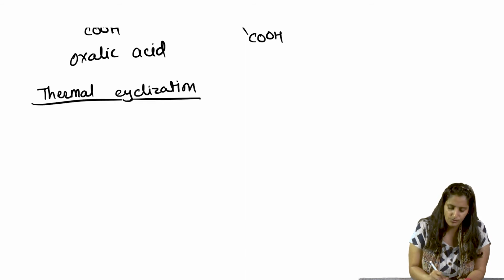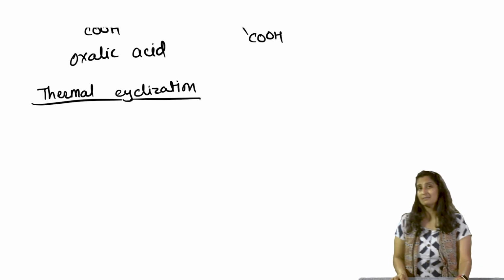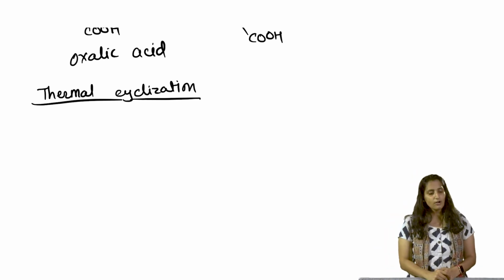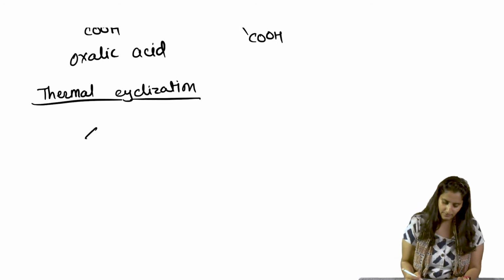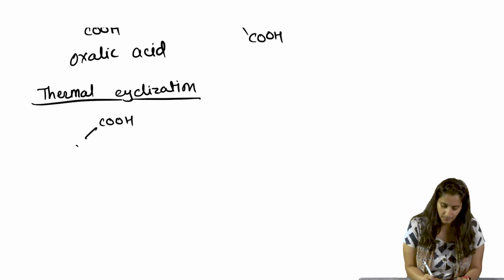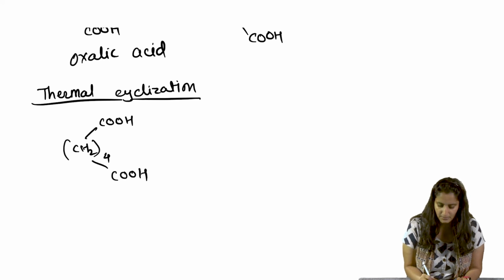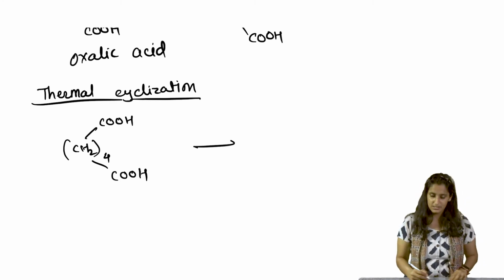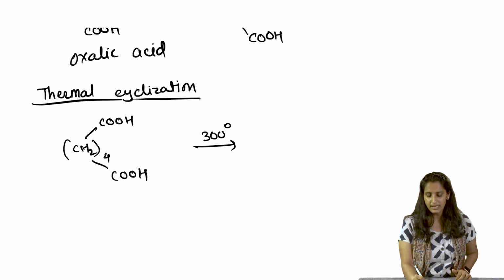Now, this is true for when we can make either a 5-membered ring or a 6-membered ring. In order to make a 5-membered ring, we are going to start from a 6 carbon dicarboxylic acid. There are a total of 6 carbons here. These are thermal cyclization reactions.